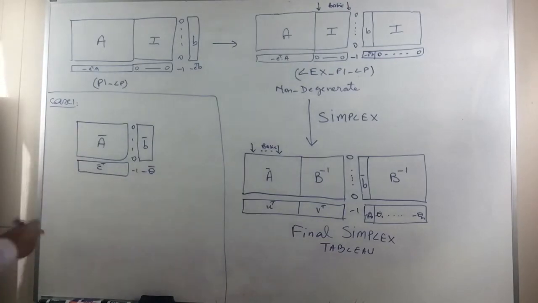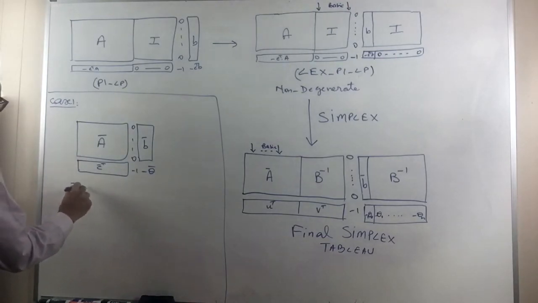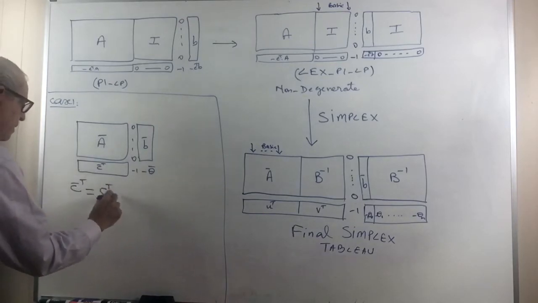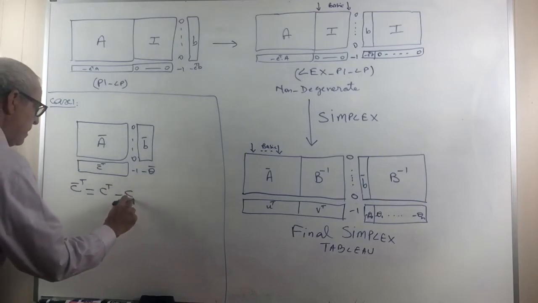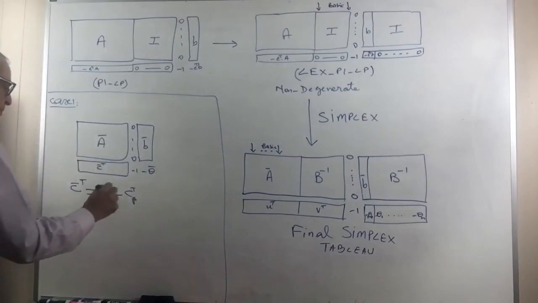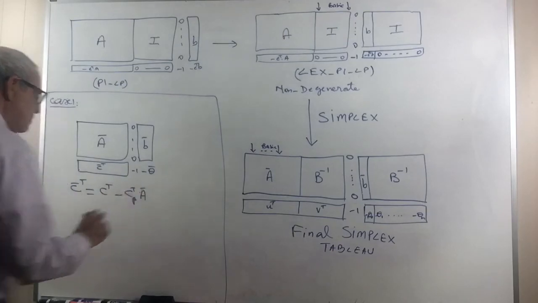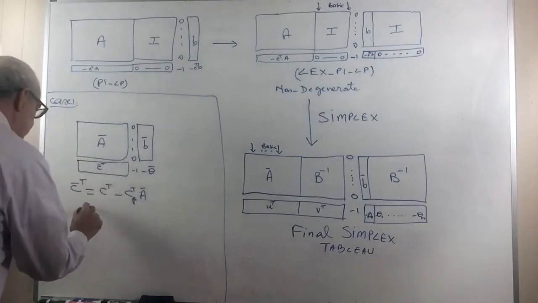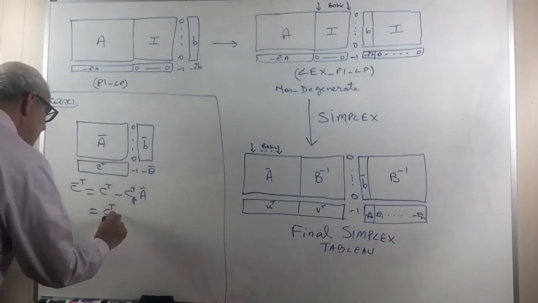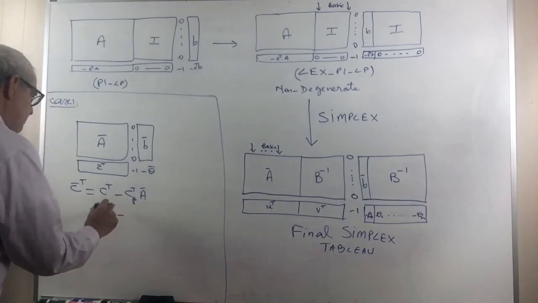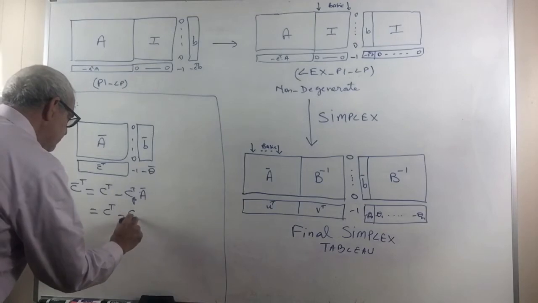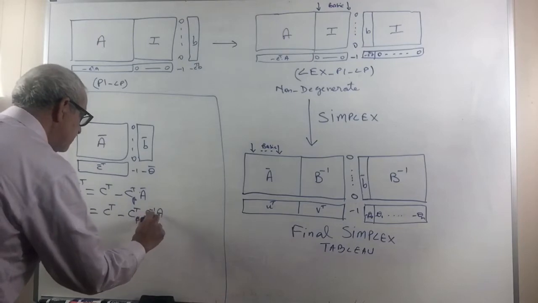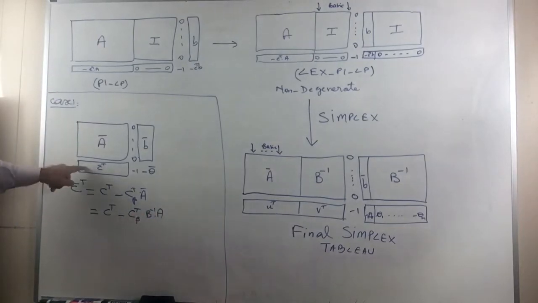All right, so now C bar transpose is just equal to C transpose minus C beta transpose A bar. Or if we are doing the revised simplex, it's just C transpose minus C beta transpose B inverse A. Okay, that's what goes in here.